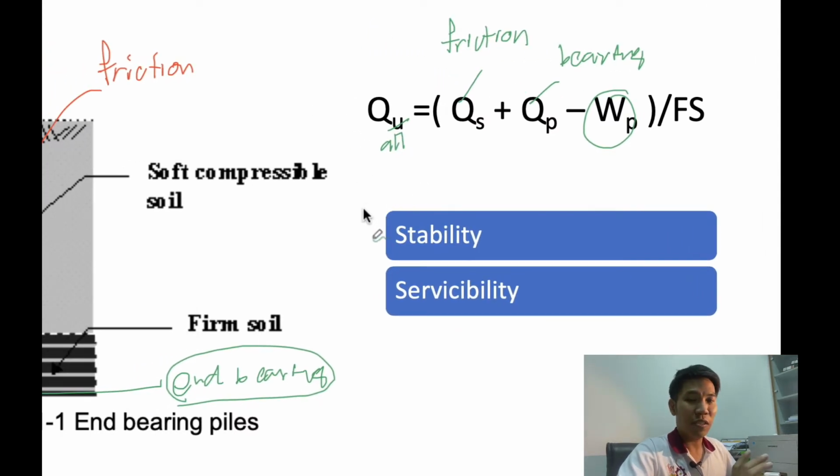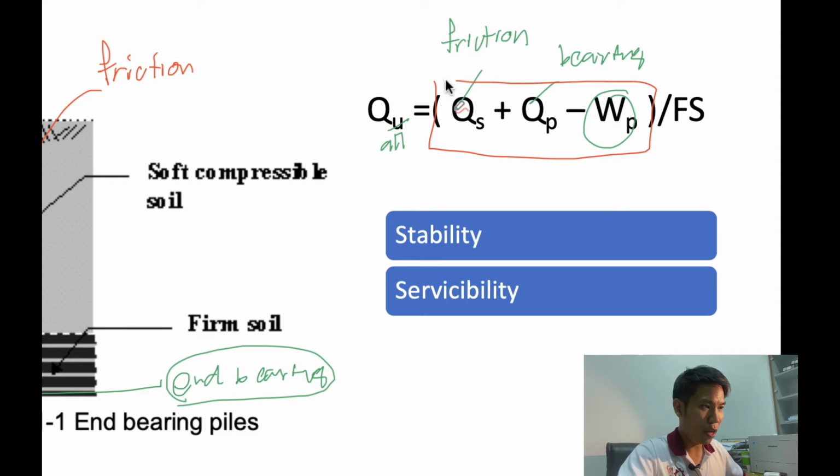Q allowable is the load that the pile can resist without any kind of problems. We have to divide the Q ultimate by a factor of safety. The factor of safety for piles is commonly about 2.5 for design.